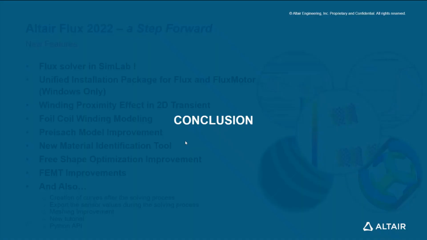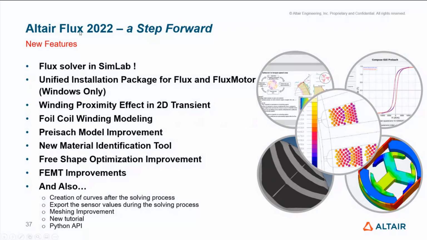So the conclusion for this part for Flux 2022 is we have several updates in Flux to improve the modeling capability, for example, for the winding proximity effect for the homogenization here.